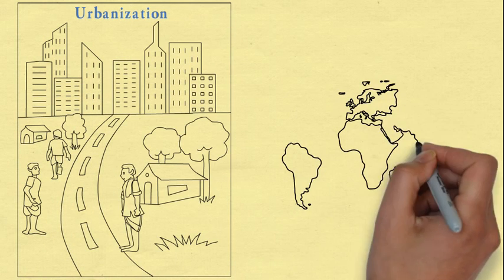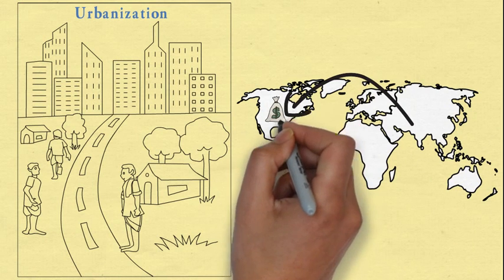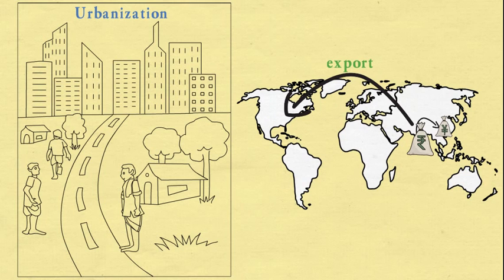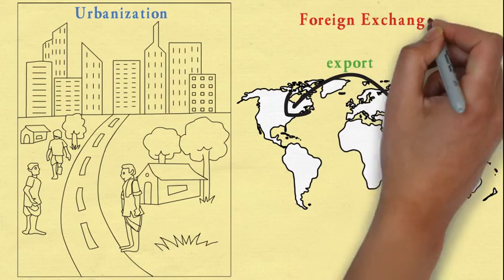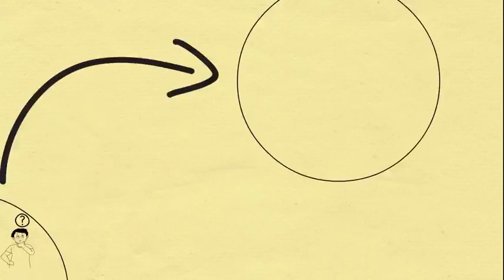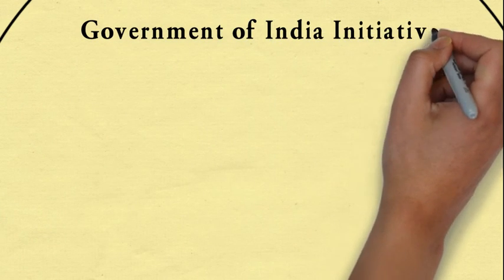With better quality in place, he can sell the finished goods either in the local market or export them. Export of manufactured goods will bring the much needed foreign exchange, which is also useful for the economic development of the village.